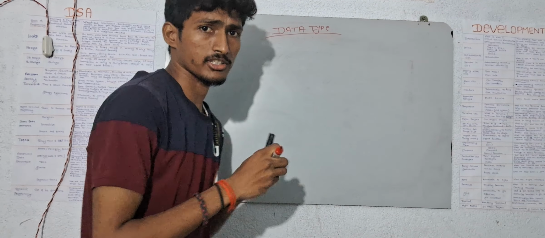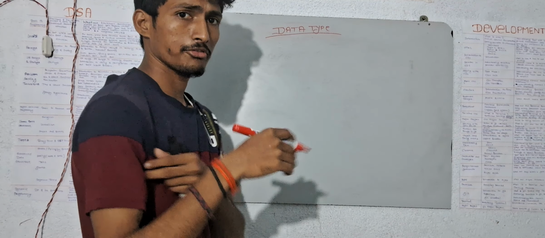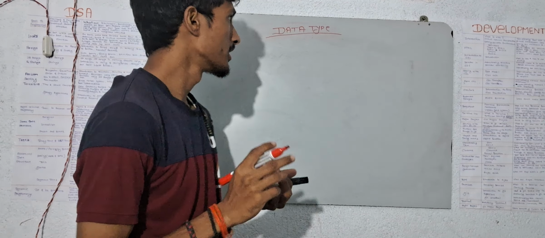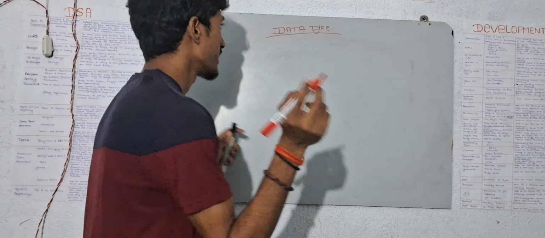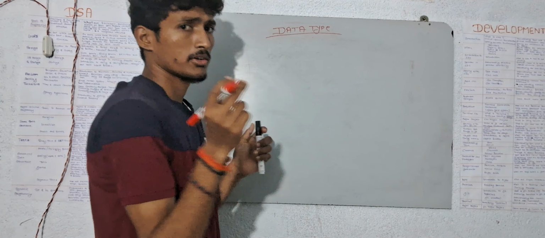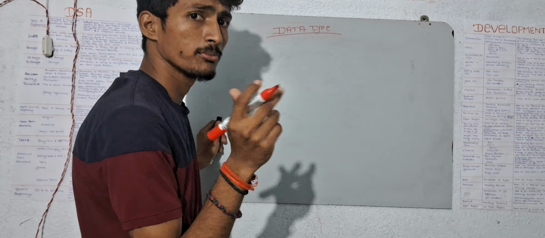First I will explain what is data type. Let's assume a condition. If we are searching on the net and we want to see the picture of an apple, then we will search apple on the Google platform.